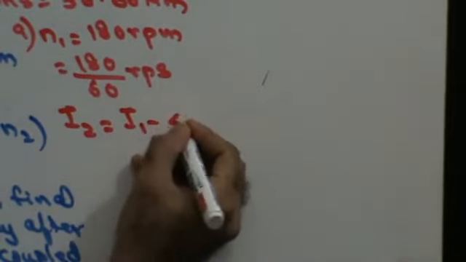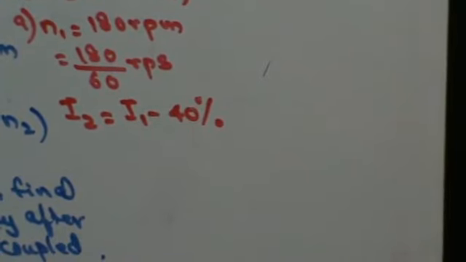With the arms folded, the moment of inertia decreases by 40%. Calculate the new rate of revolution.